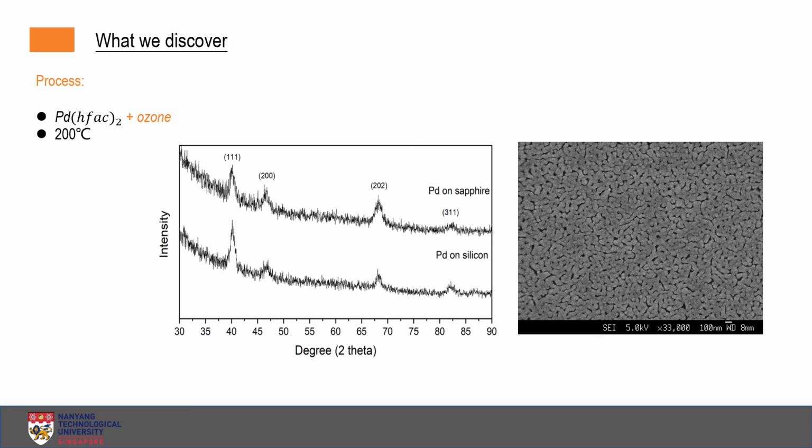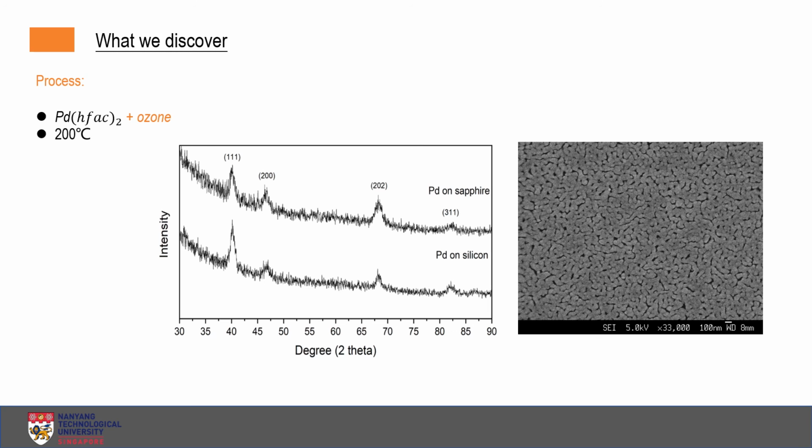Here's our discovery. In our process, we use Pd(hfac)2 and ozone as the precursors, and the temperature was set at 200 degrees. And we finally got the Pd thin film with high purities.